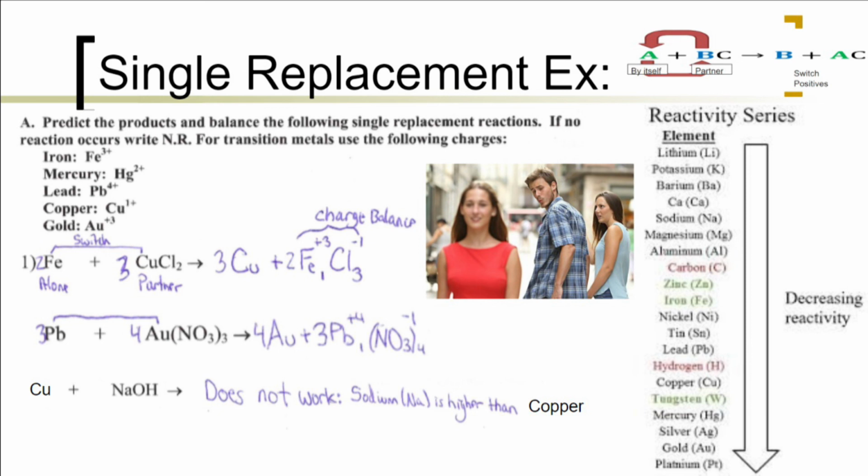And so because the sodium has a higher reactivity, the copper won't be allowed to steal. And so it doesn't work. And so keep that in mind. You have to look at your reactivity series before you do it. And so make sure that you look at that.